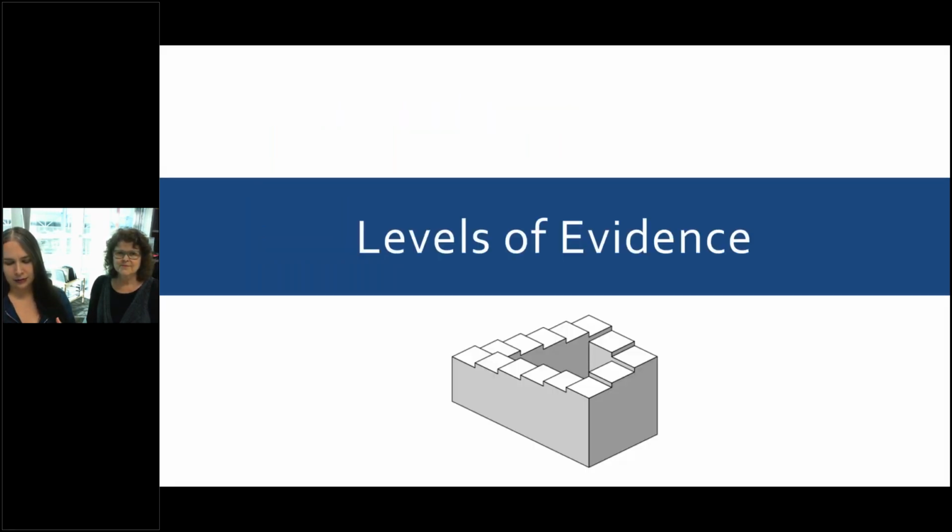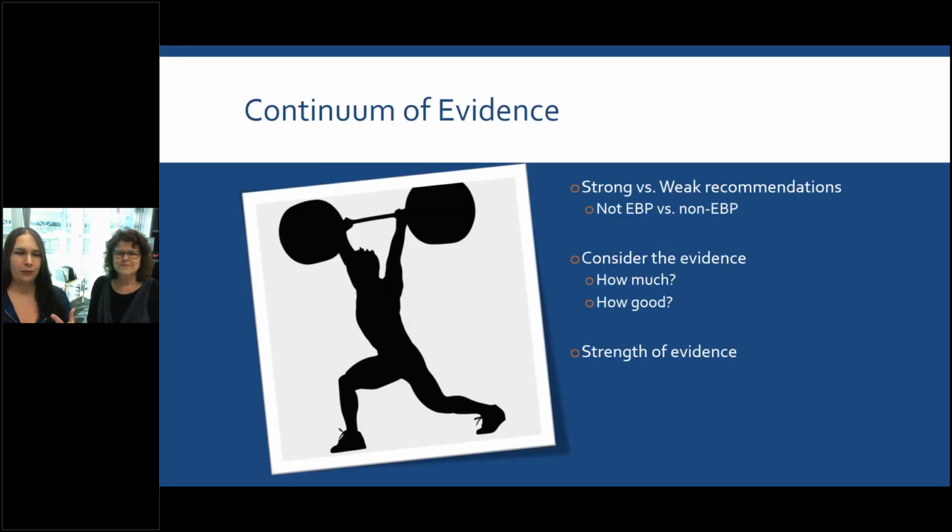So think about the types of evidence that you have and what they are, where they fall on the continuum of evidence, because it's not as simple as conducting evidence-based practice versus not conducting evidence-based practice. It's not just you do this and therefore it's evidence-based practice and therefore it's great, or you don't do this and therefore it's not evidence-based practice and therefore it's garbage.